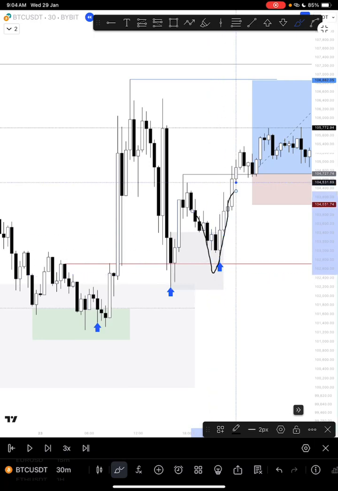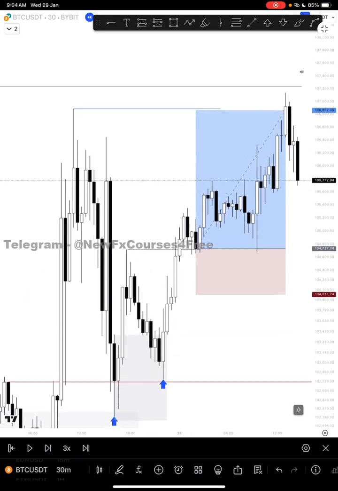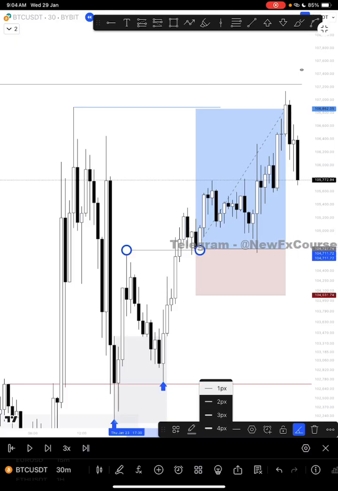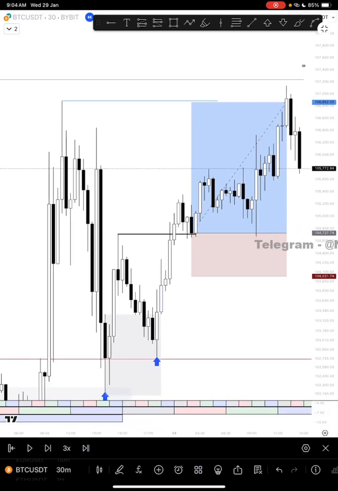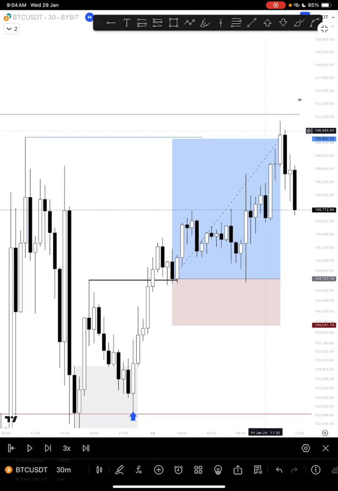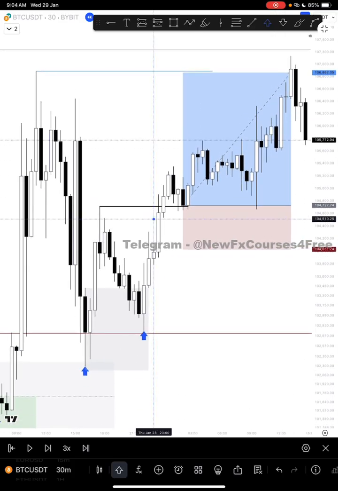That's your third buying opportunity, and your mitigation block here, your lower time frame mitigation block towards our opposing draw on liquidity here as well. This is your fourth buying opportunity.